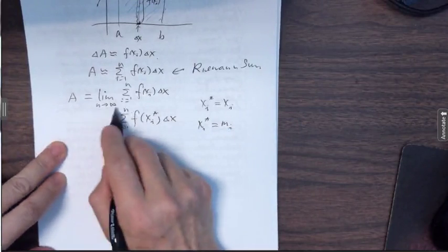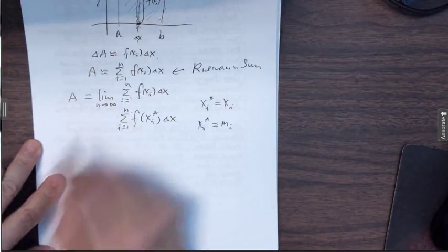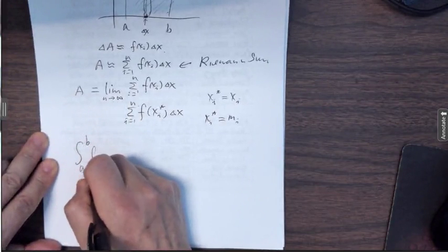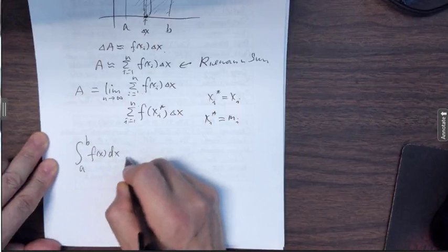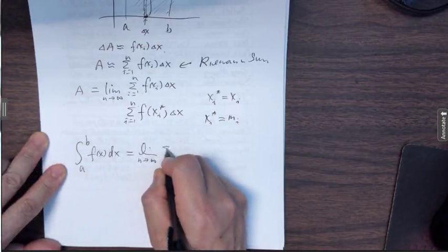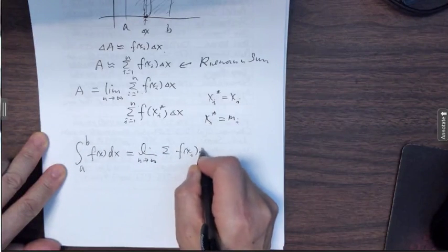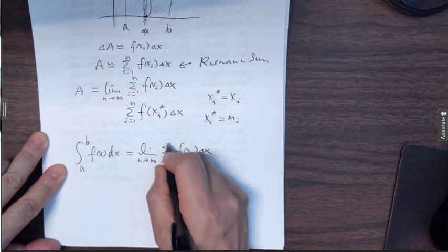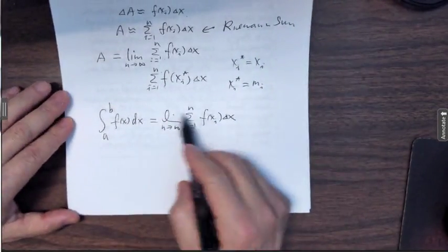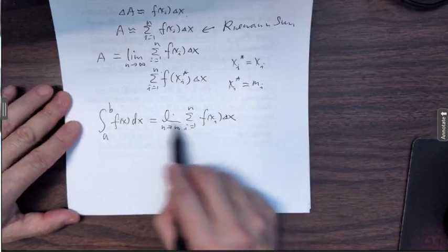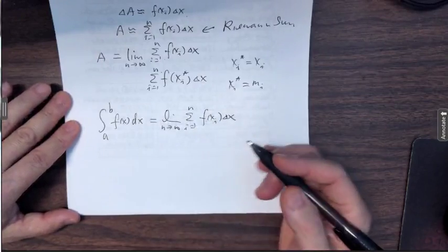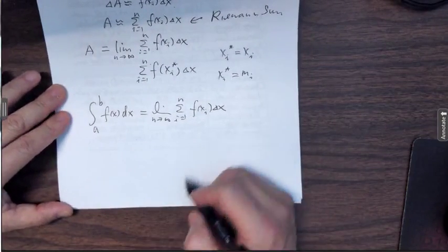For the notation itself, for simplicity, we denote this limit using an integral notation. The expression on the left side summarizes what's going on on the right side, the process and the computations involved.